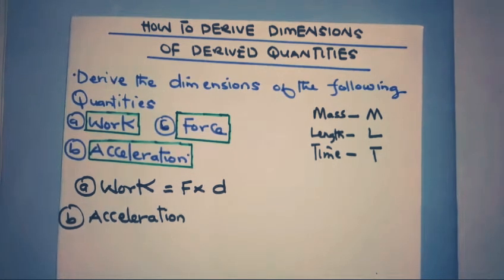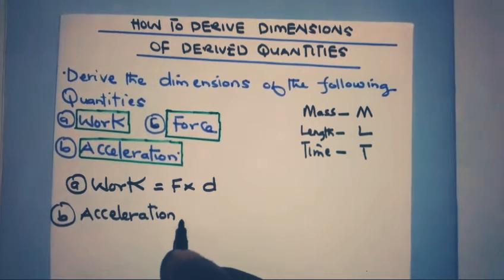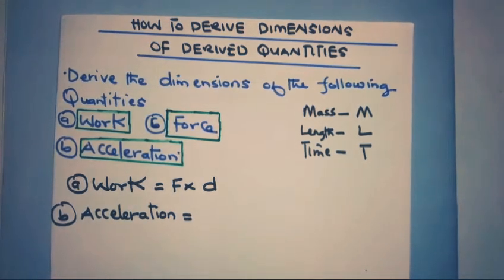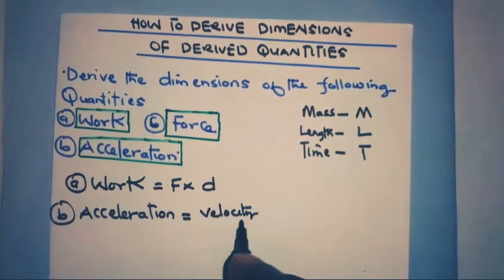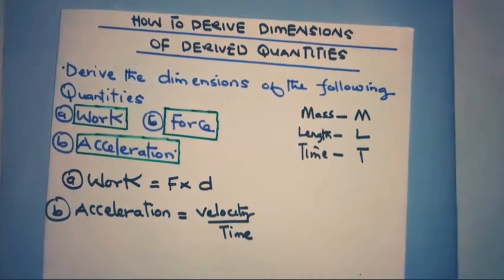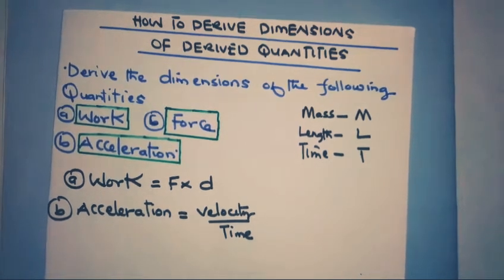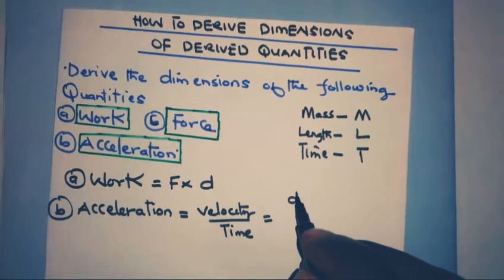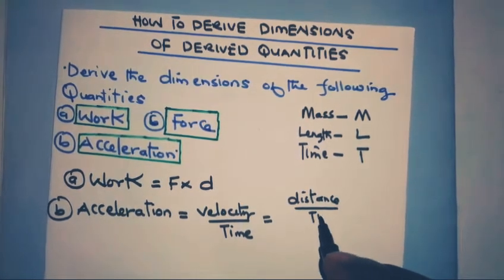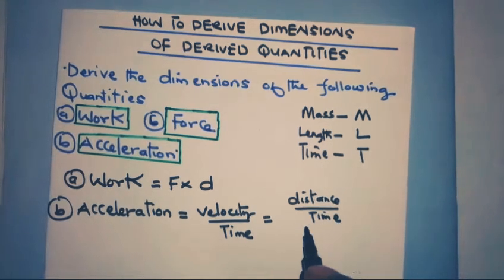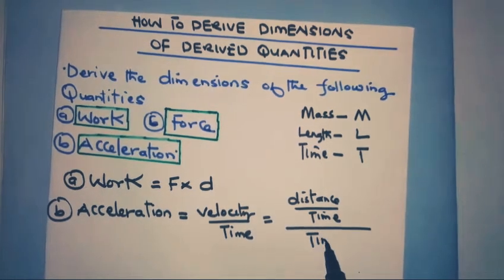So what is acceleration? The formula for acceleration is velocity over time. Now we know that velocity itself is distance over time taken. So this is all over time.